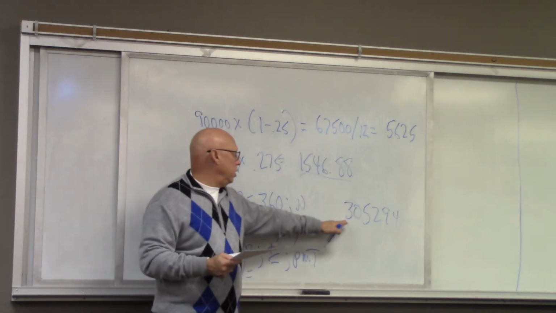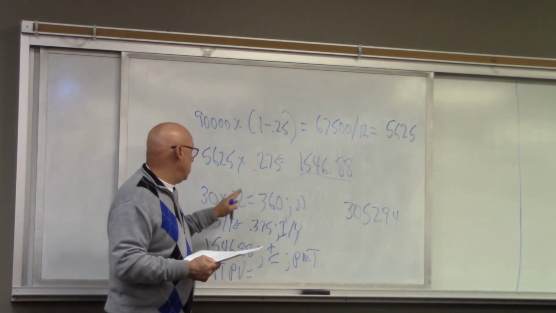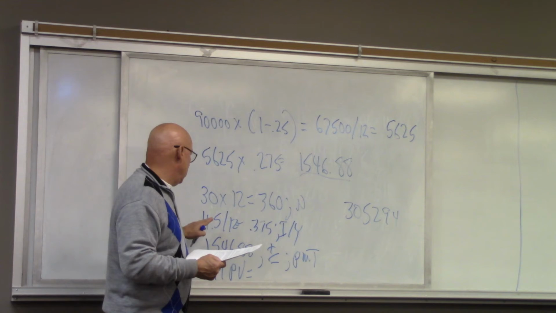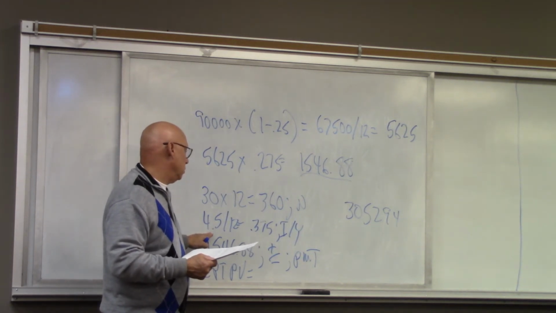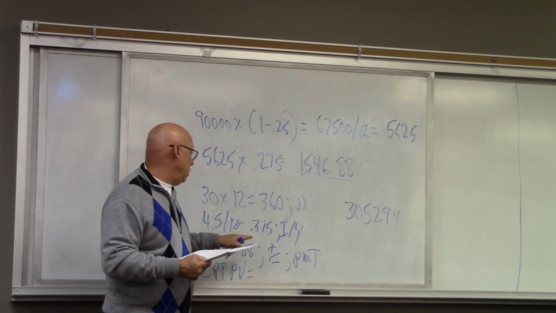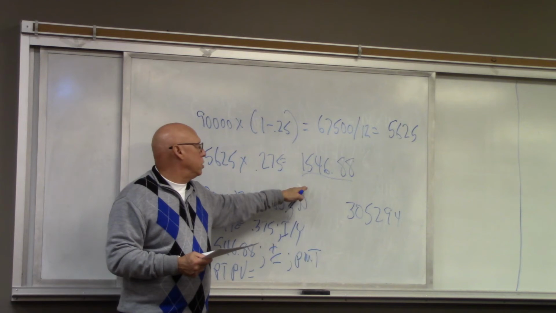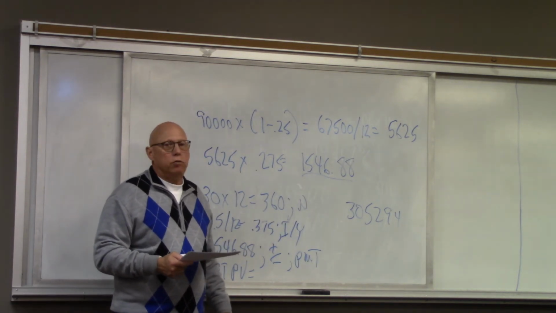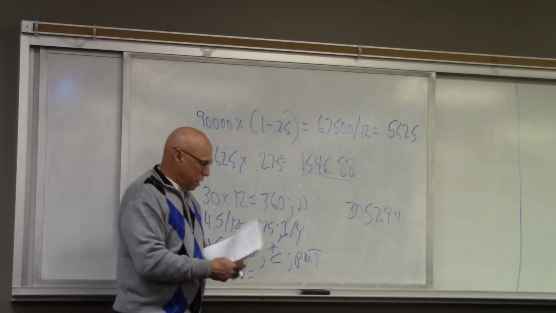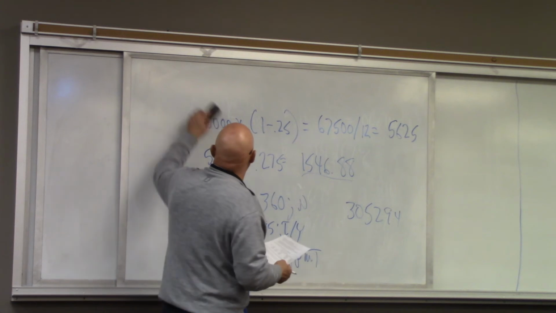The bank loans you this for 30 years, monthly payment, 4.5% annual APR. Your payment will be $1,546.88, which happens to be 27.5% of your after-tax income. All right, so now it says how much interest will they pay over the life of the loan. So let's do that.